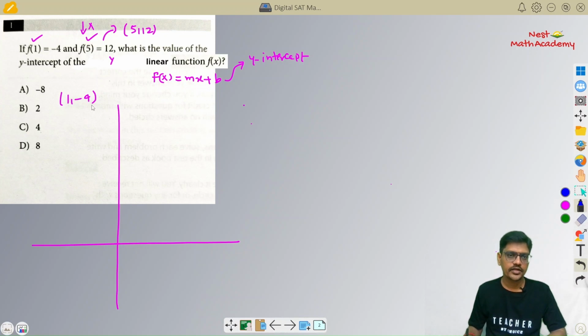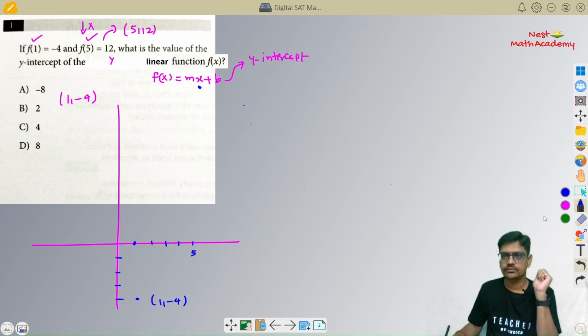We want 1 comma -4: x is 1, and y is -4, somewhere here. Next, one more point is 5 comma 12: x is 5, and 12 maybe all the way up here. I'm not counting it, but roughly somewhere here.